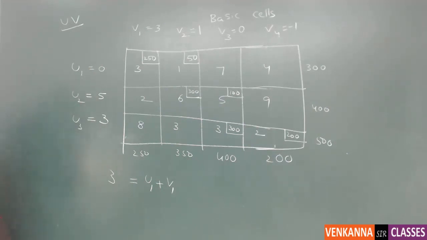In the solution, we have allocated 300 in the first row. I am taking the values from VAM. Could you check on the allocations we have made?